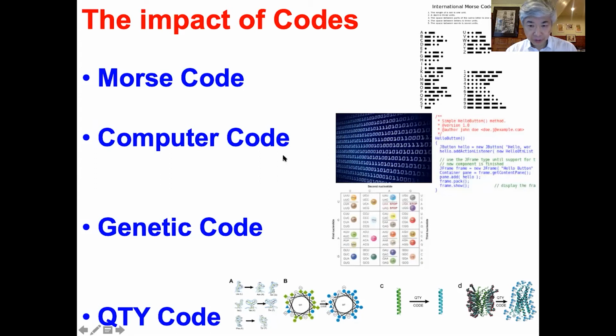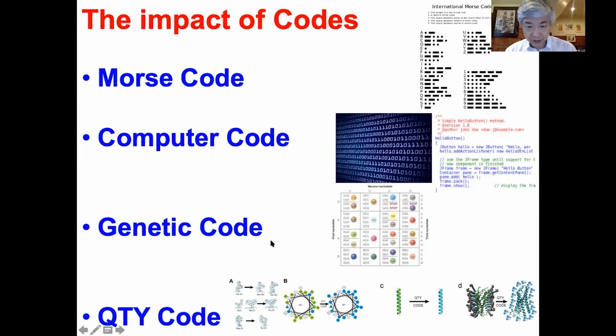The computer code is a simple code, 0 and 1, but it essentially transformed human civilization and in the meantime generated trillions of dollars of economy in the world.